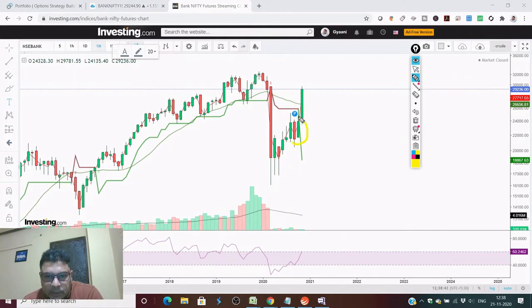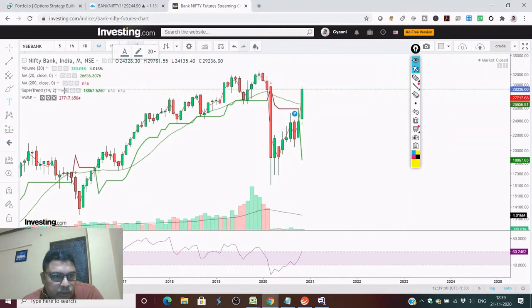After this setup, as you can see, this is a green bar followed by a red bar, and whenever this high is taken out, there is definitely going to be a big rally. The location is very important. As you can see, the location was above the 200 period moving average. Just a second, let me show you where the 200 period moving average is.